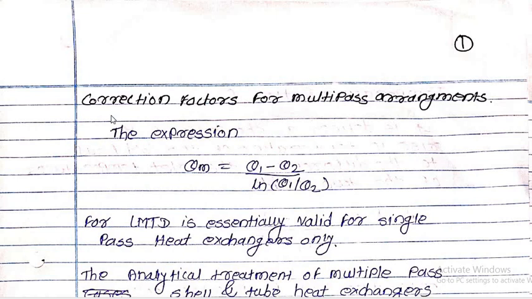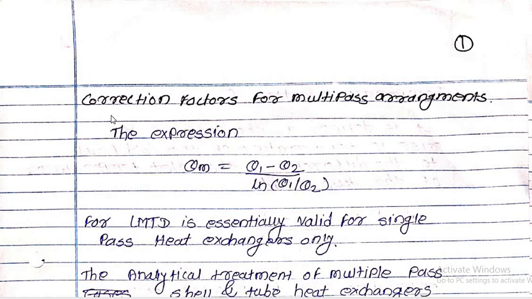First of all, we need to understand what is meant by correction. If anything has some lacuna and we want it in the right manner, by correcting that lacuna, that is nothing but a correction. Here the correction factor is very important in the case of a multipass arrangement.